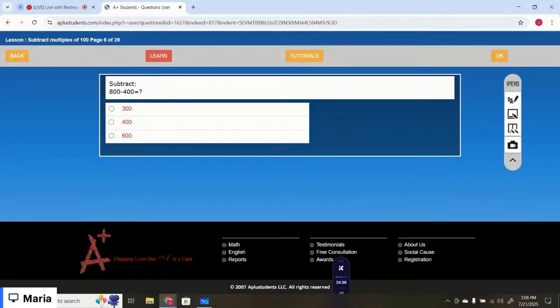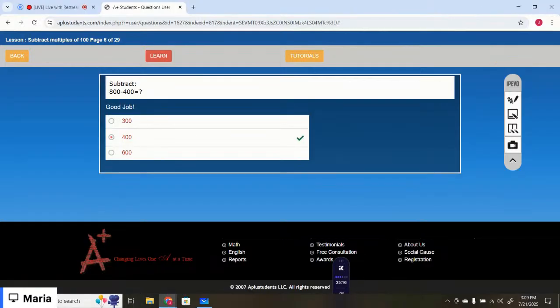Eight hundred minus 400, which is the correct option? That is 800 minus 400 equals 400.